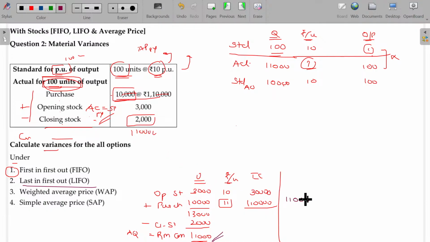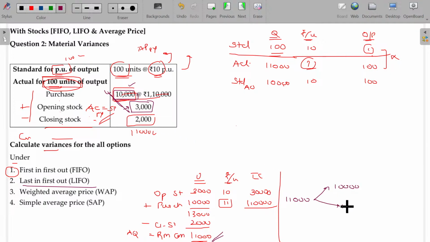First of all, we consume from the newest purchased item. Last in means the last item will be used first. We have two items here. One is the old item, another one is the newly purchased item. The latest item will be used first. After we complete that, we will go for the earlier or oldest one.